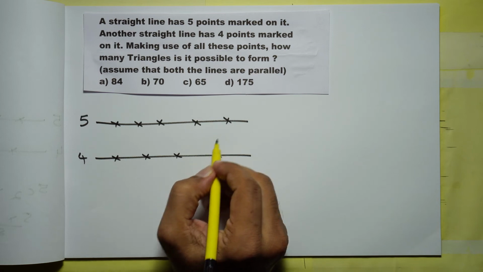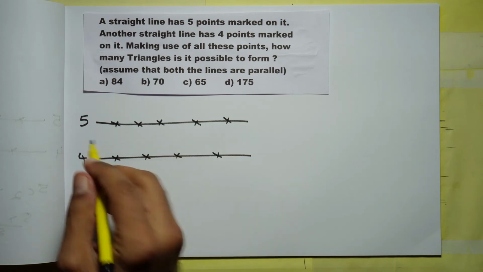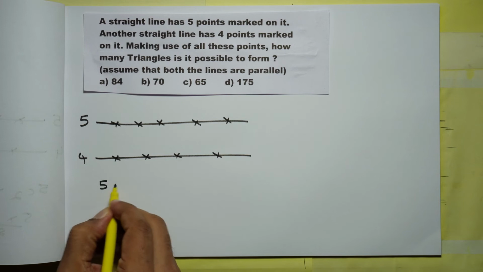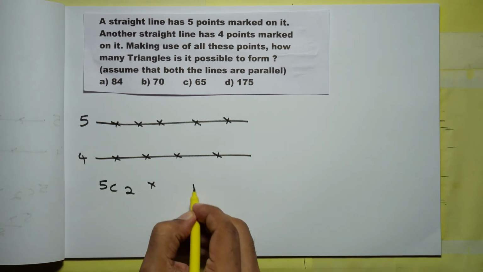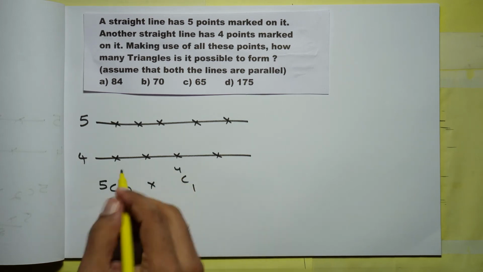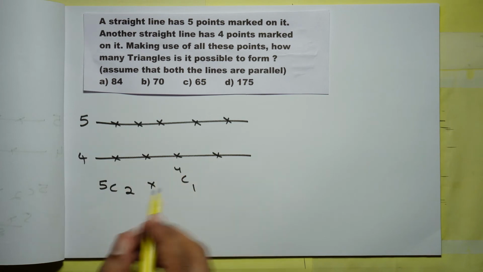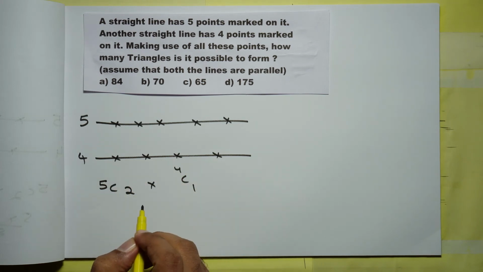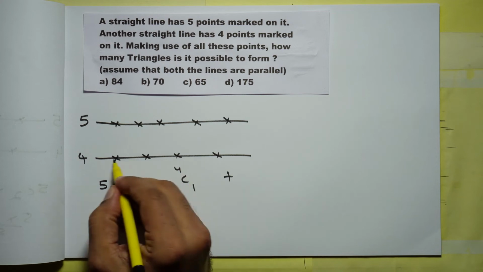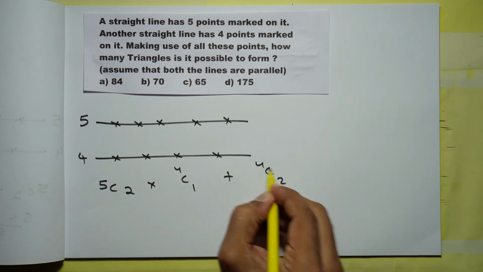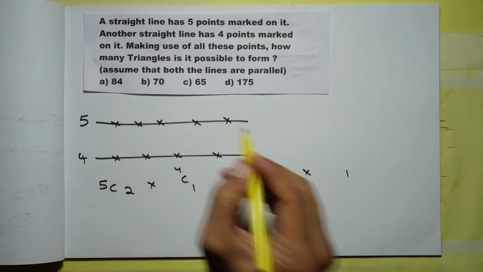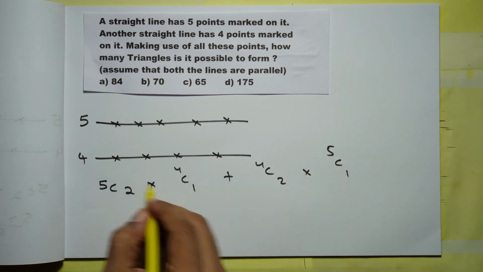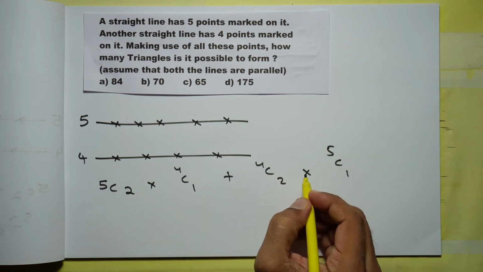These are the favorable cases when you get a triangle. So from this 5, you can choose any 2 and the remaining 1 from any of these 4. Then you will get 3 non-collinear points. Or you can choose any 2 from this 4 and the remaining 1 from this 5. Then also you will get a set of 3 non-collinear points.